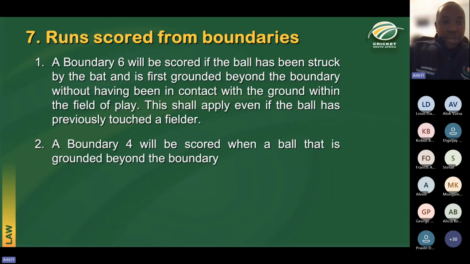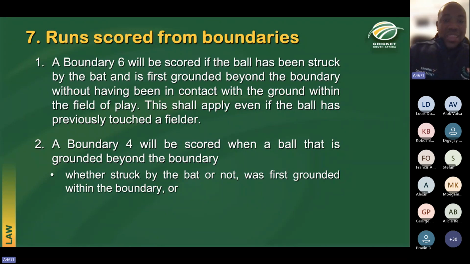Then we read about the boundary 4. Boundary 4 will be scored when a ball that is grounded beyond the boundary, whether struck by the bat or not, was first grounded within the boundary or has not been struck by the bat. So there is the answer to your question.